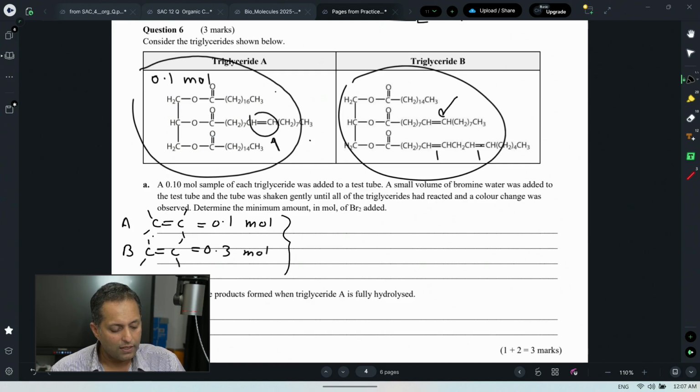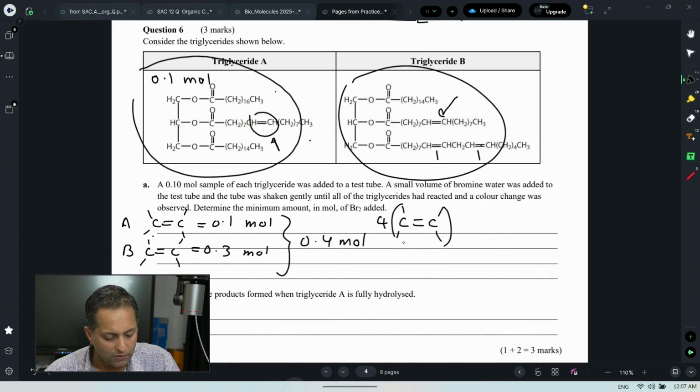So altogether, if you take 0.1 mole of A and 0.1 mole of B, you will be taking 0.4 moles of carbon-carbon double bonds. Then what is the question asking you? You are reacting with bromine. Every mole of carbon-carbon double bond requires 1 mole of bromine.